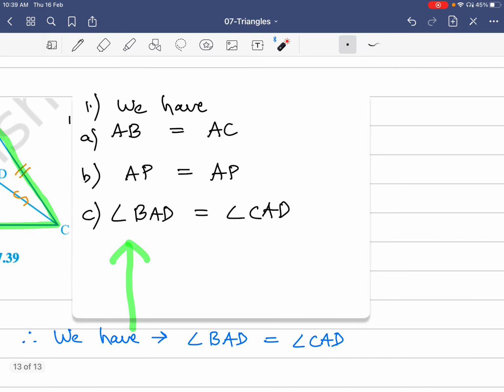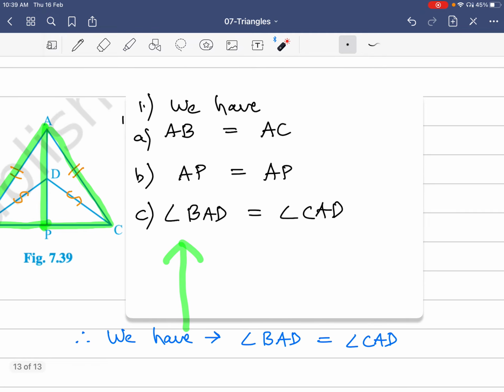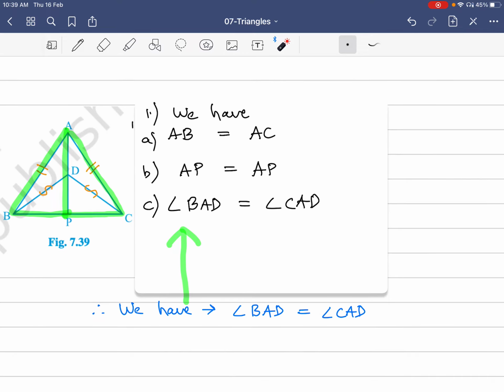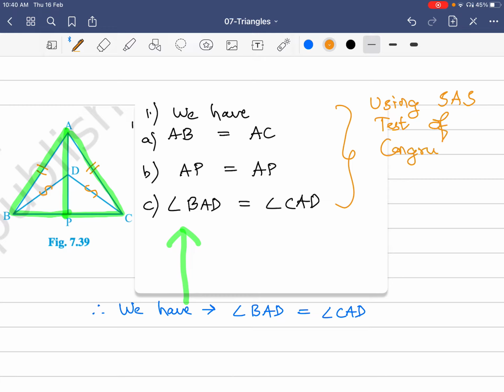So that's what I want to do here. Let's zoom out a bit. Again using the SAS test of congruency, we can say the triangle ABP is congruent to triangle ACP.